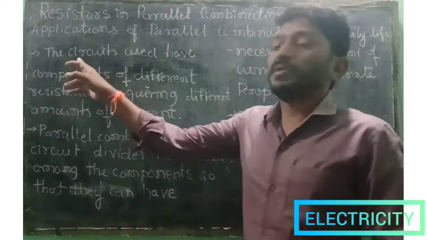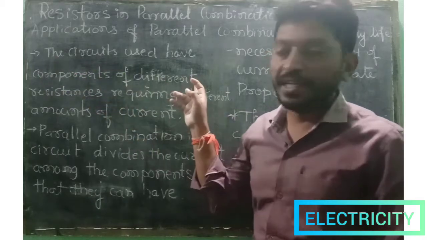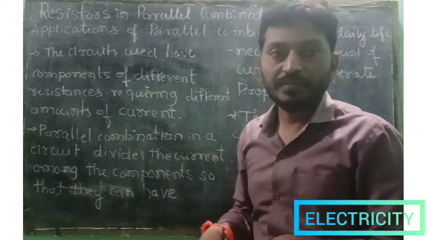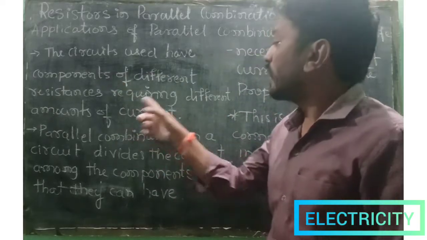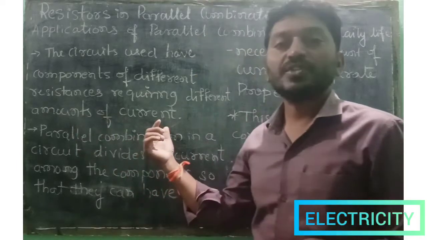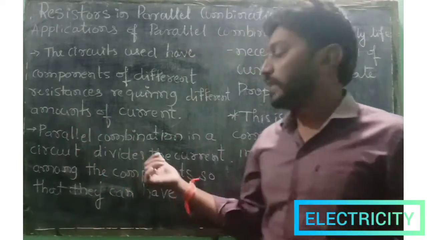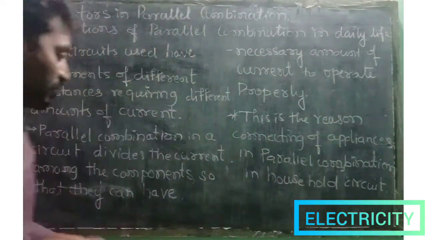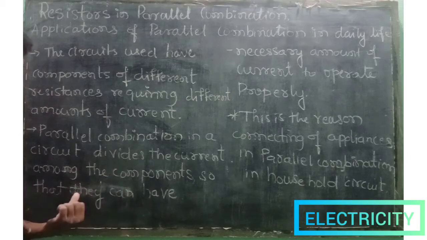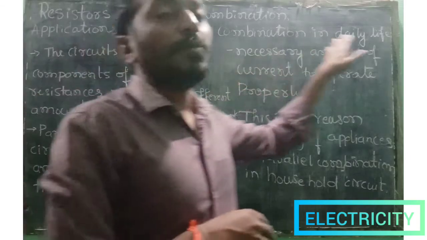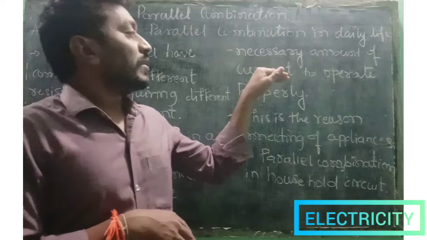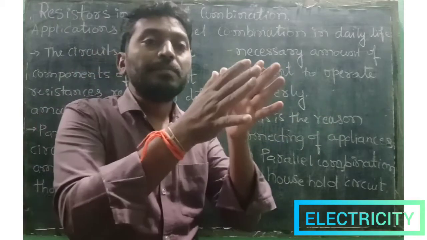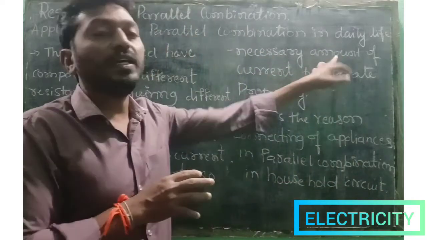Here, the circuits in parallel combination divide the electric current among the components requiring different amounts of current. Likewise, a parallel combination in a circuit divides the current among the components so that each can have the necessary amount of current. For the system to operate properly, it needs the necessary amount of electricity.